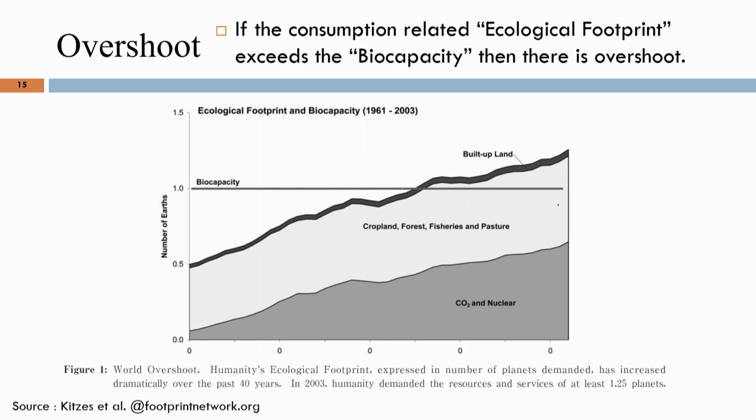You can see that our built up land has grown drastically over the years, and now it is about 1.5 earths that is required to meet the built infrastructure capacity. Similarly, cropland and forest are also growing, and carbon dioxide land and nuclear has also grown exponentially from 1961 to 2003. It is expected that it will keep growing.